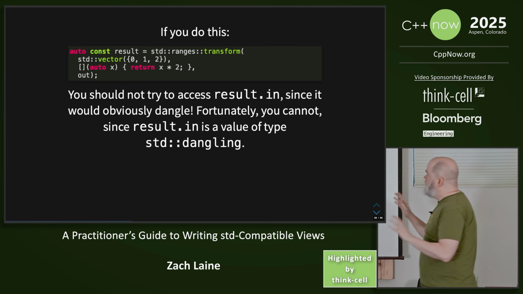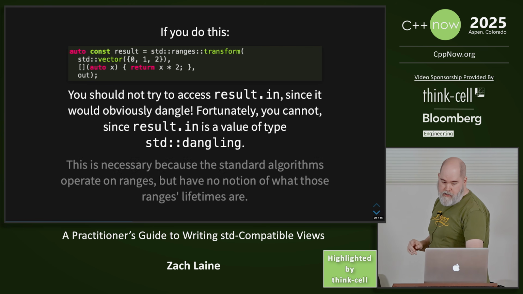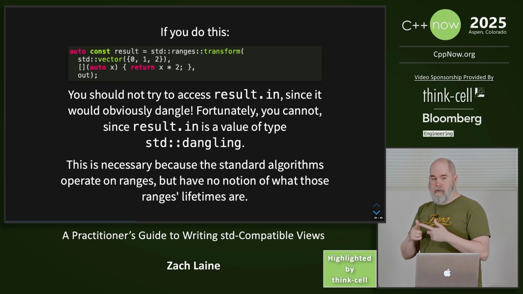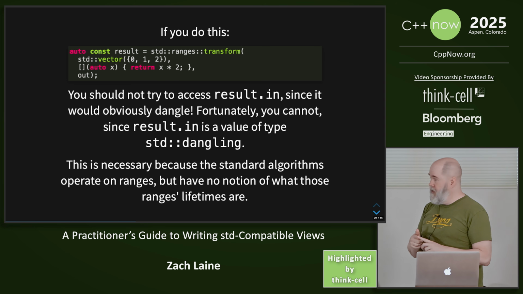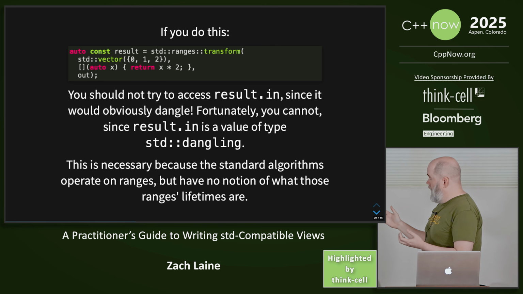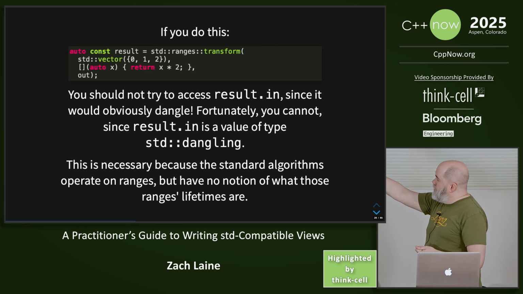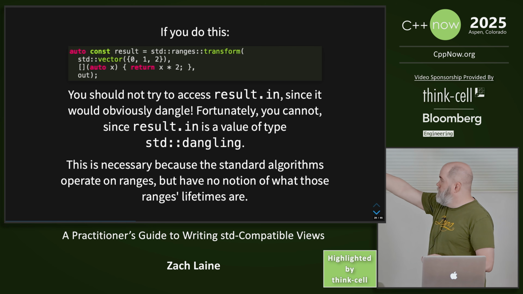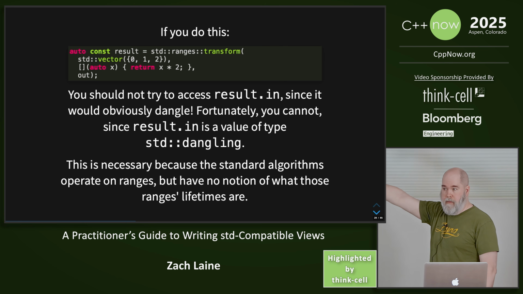This is done this way in the std ranges algorithms because the algorithms only operate on the iterators and sentinels to the underlying ranges. They have no idea what the lifetimes of the underlying ranges are. They have no way to see that. I could have had a vector v in scope, and I could have written std::move of v there instead of this temporary vector.